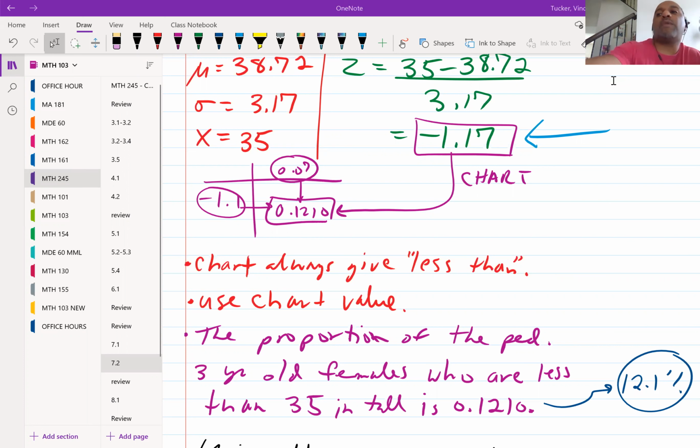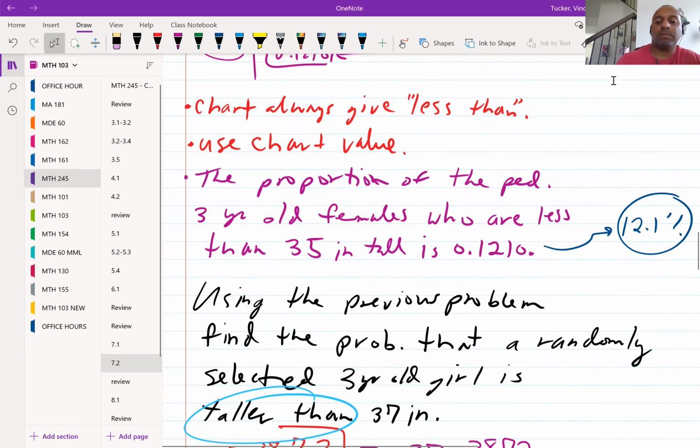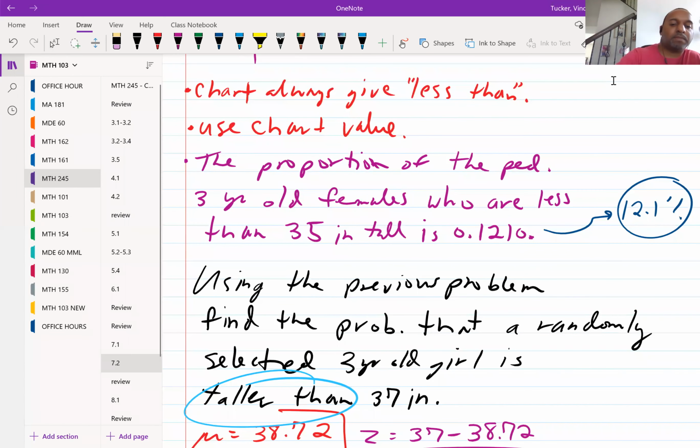All right, questions before we go to the next scenario? Okay, so the next one, notice it says using the previous problem, find the probability that a randomly selected 3-year-old is taller than 37 inches. Yep, if you're talking about plugging into the z-score formula, yes.